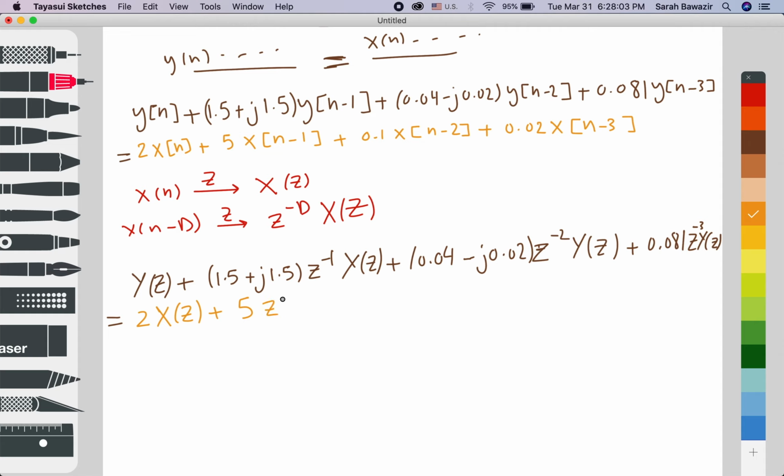It's z to the minus the delay, X of z, plus 0.1 z minus 2 X of z, plus 0.02 z minus 3 X of z.